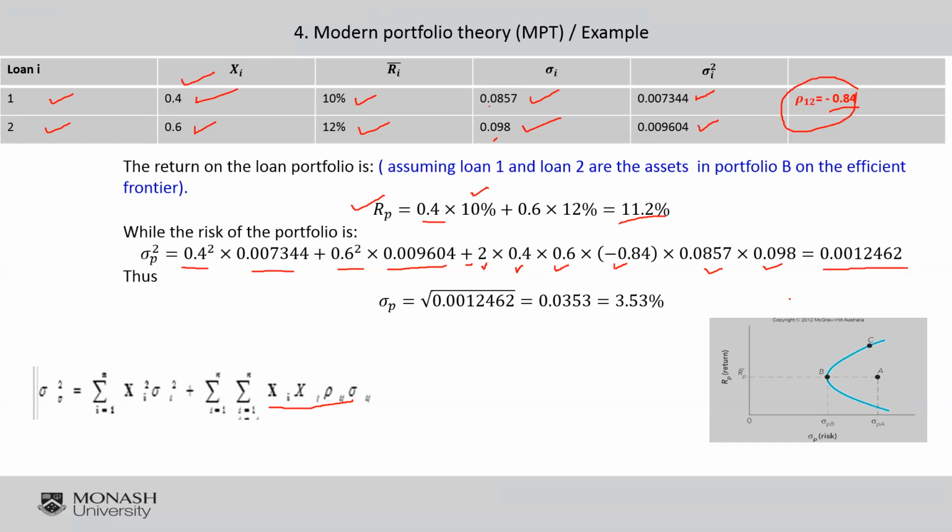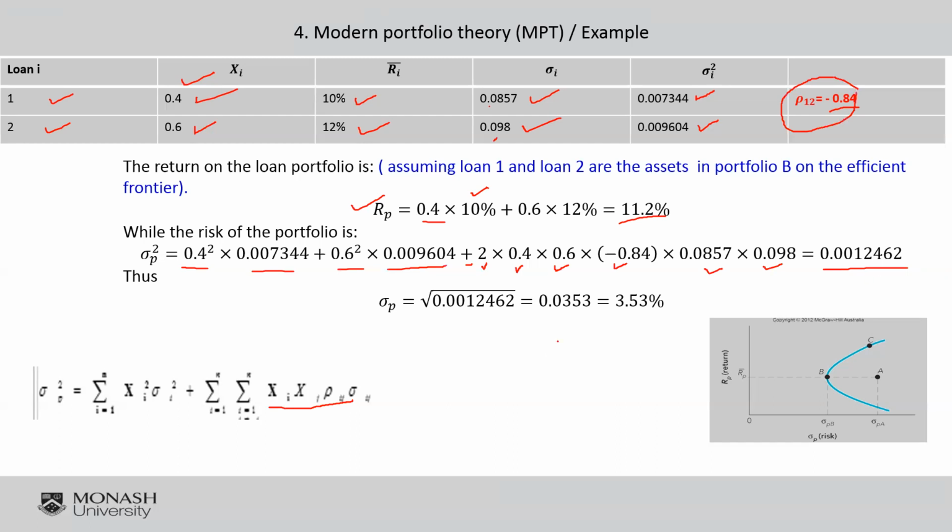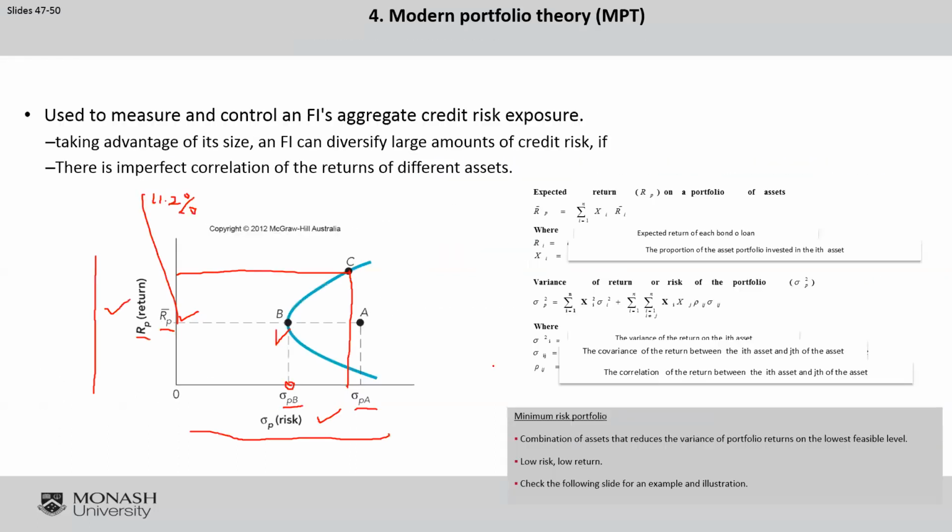So this is the risk. If you want to come here, this risk, which is 0.0012, will be here. This is what it is, 0.0012.